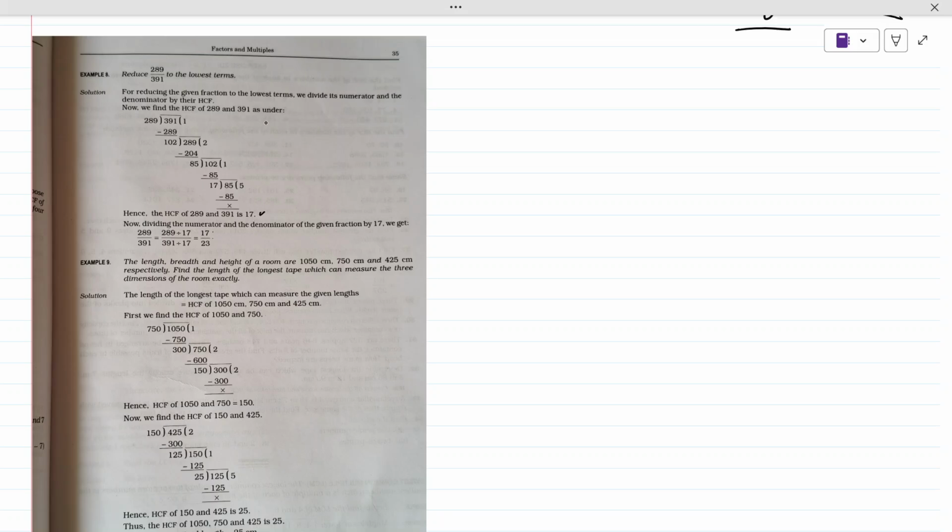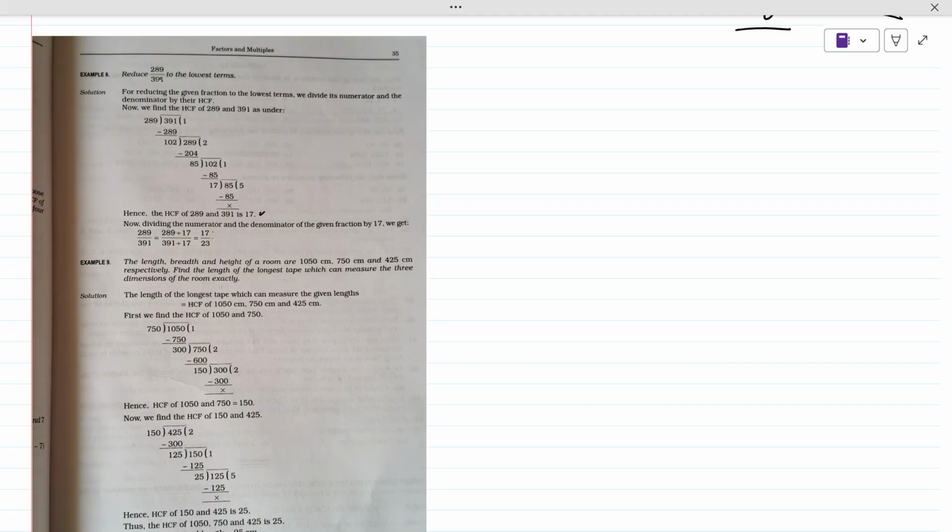Again, I'm telling you that what we have to do is we have to reduce it to the lowest term. Okay, lowest term means we have to divide these two numbers with the same number and it should be the highest number, because if we are dividing these two with their highest common factor, then only we will get the lowest term.